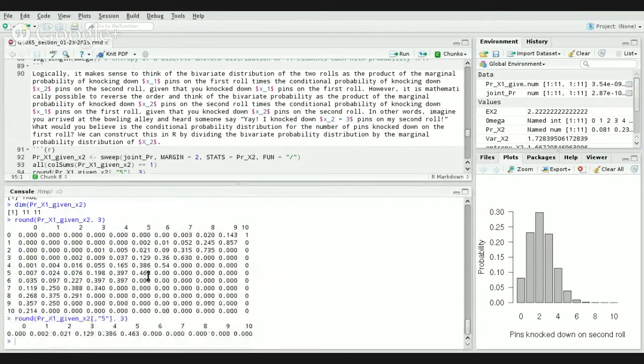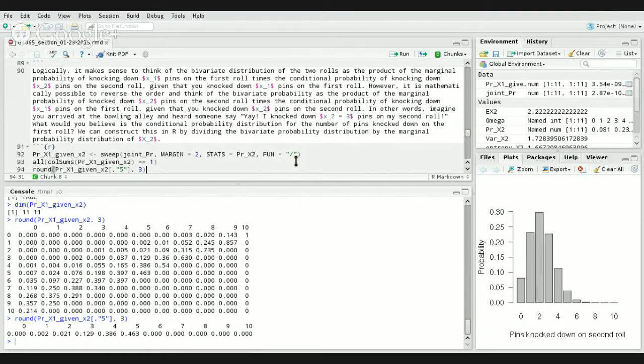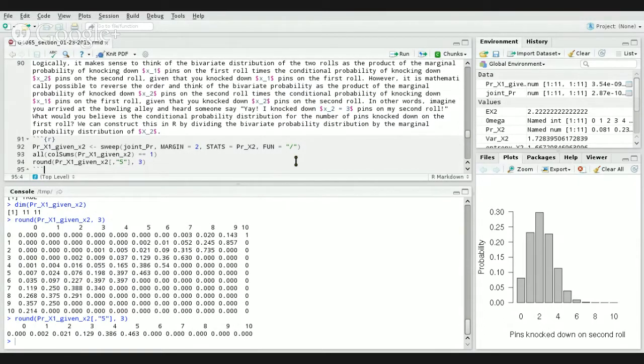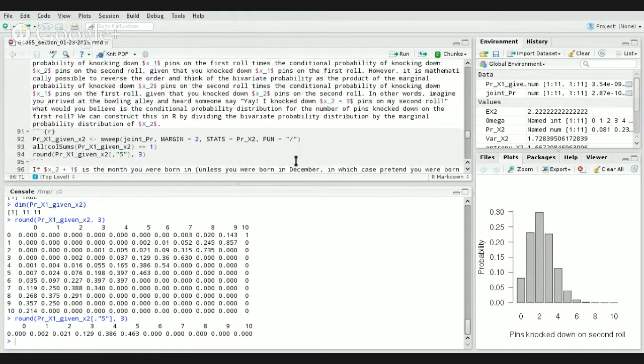So again, you can see these numbers match up with these numbers here, and all the ones 6 or greater have probability 0 because you can't knock down that number of pins on your first try, given that you knocked down 5 pins on your second try, because the total would exceed 10 pins.